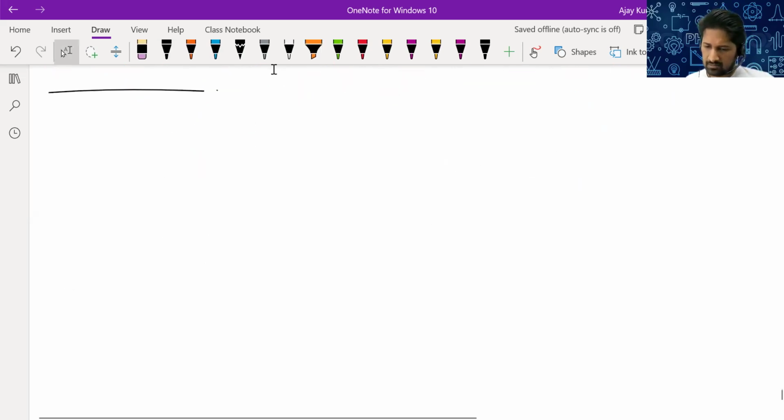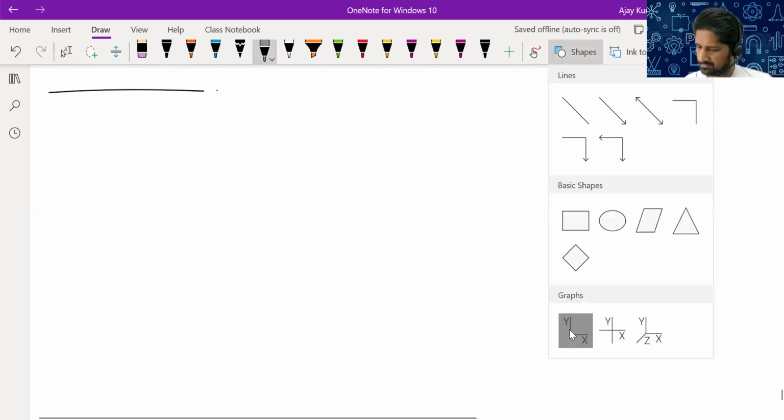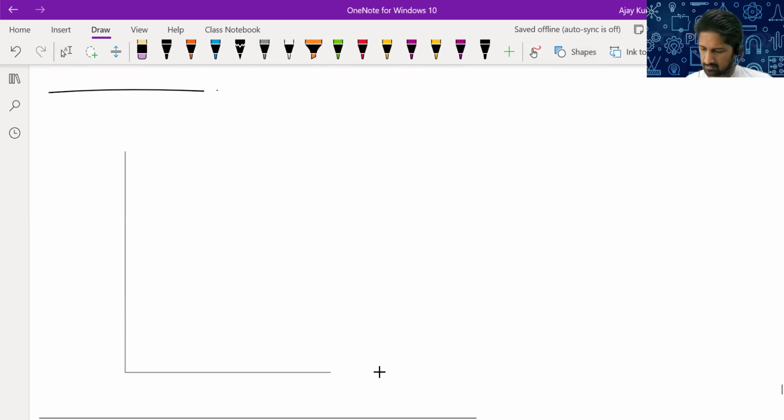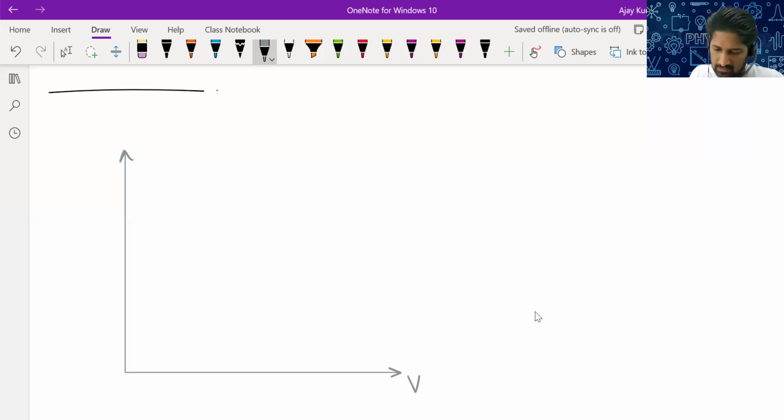Let's try another question based on a graph. Okay, let's say volume on the x-axis and pressure on the y-axis. It's an isochoric process, so volume will remain constant. Assume the volume is V naught and pressure can change.